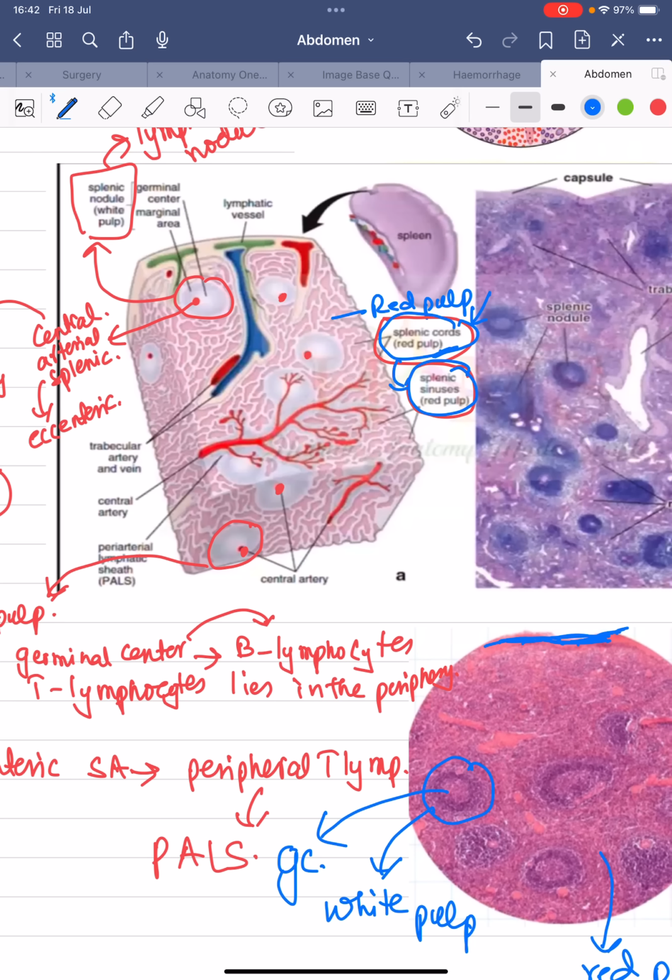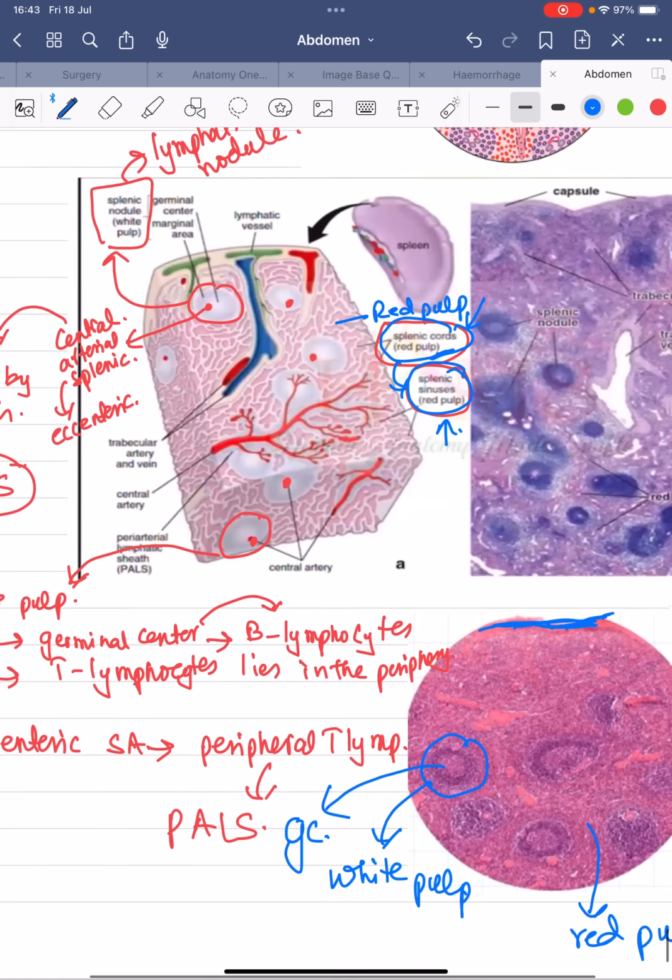When passing through these sinusoids, they must squeeze through. But if they are irregular in shape, for example in a patient with hereditary spherocytosis, the RBCs cannot squeeze through these sinusoids, and they will break down. Resulting in what? Breakdown of the RBCs.